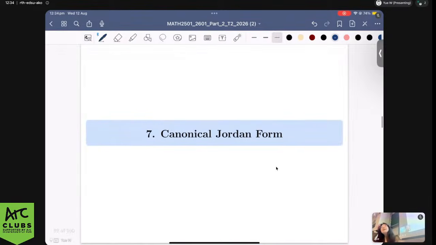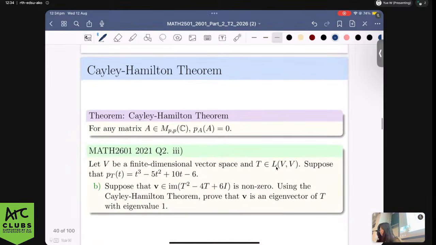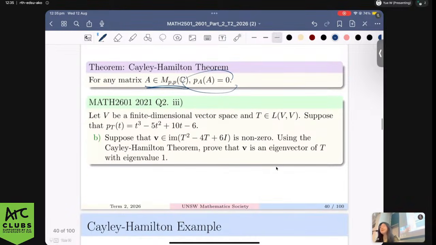That's the geometric properties out of the way. Now we're going to move on to canonical Jordan forms. Starting off with the Cayley-Hamilton theorem, we say that for any matrix A, which is an element of a P by P matrix, this is true. Here we have an example.